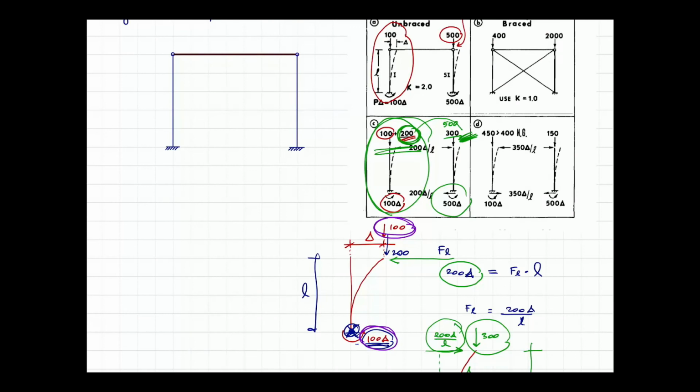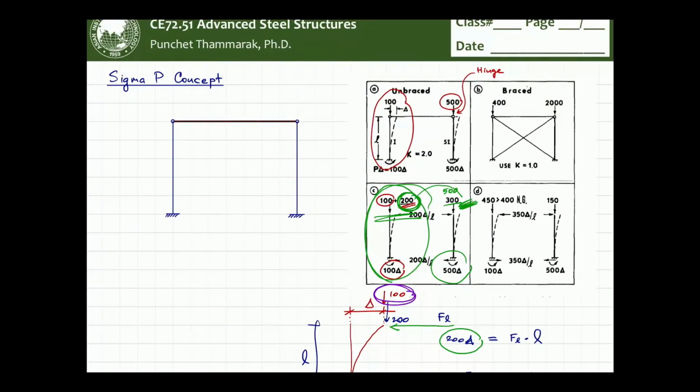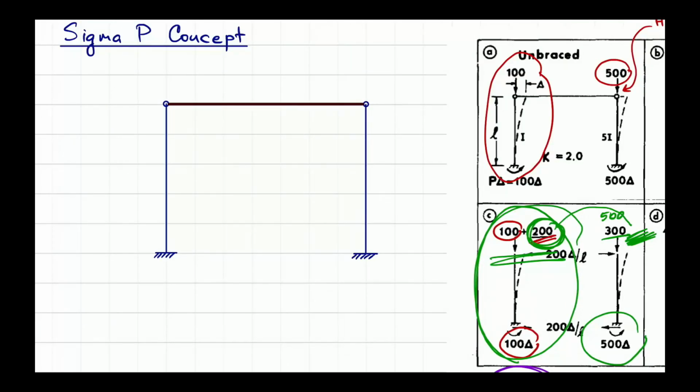Okay, then if you try this one, I'm gonna show you that this is very useful, but you've got to be careful with one thing.